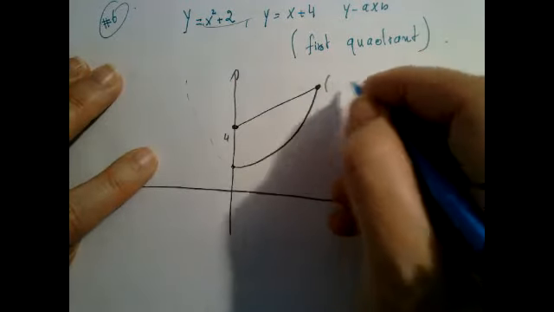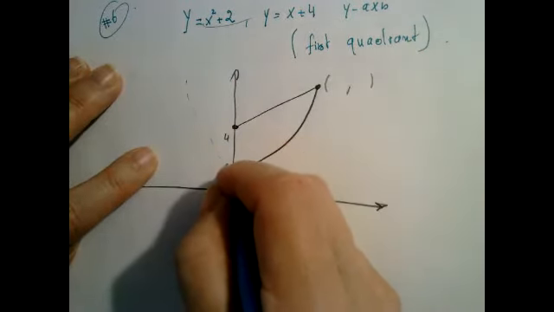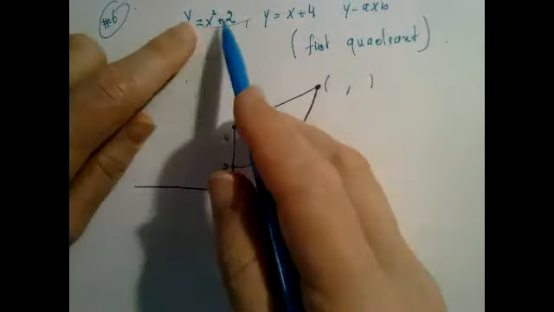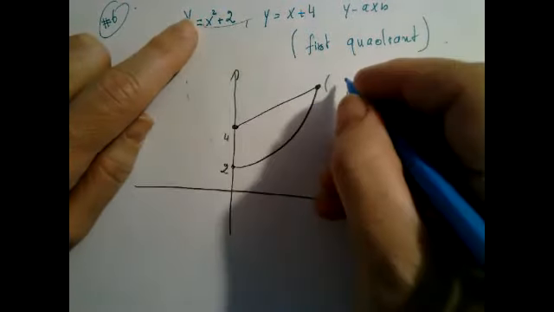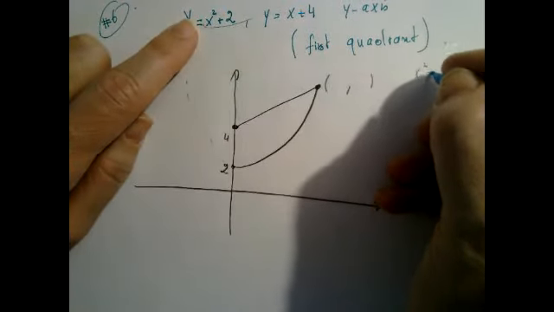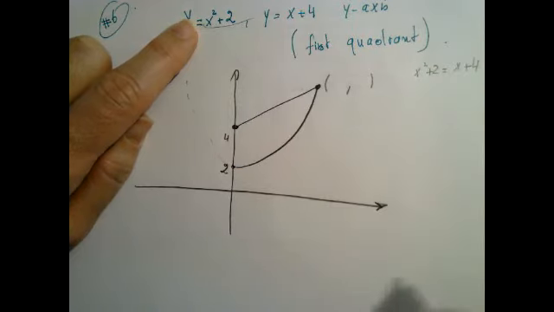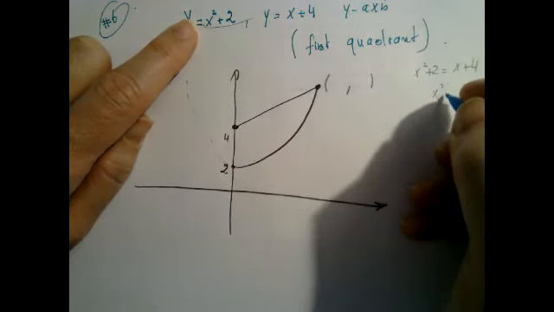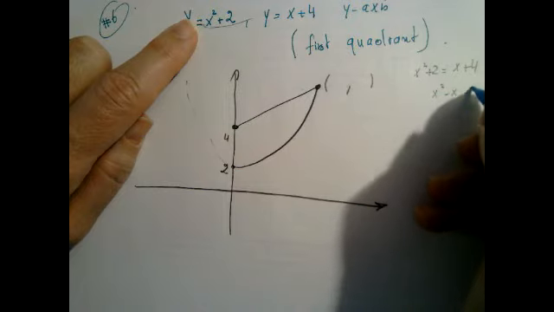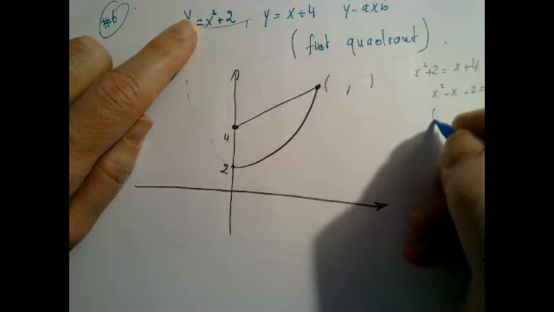Now immediately, I need the intersection, we know that. So I can set the y's equal: x squared plus 2 equals x plus 4. This will give me x squared minus x minus 2 equal to 0.